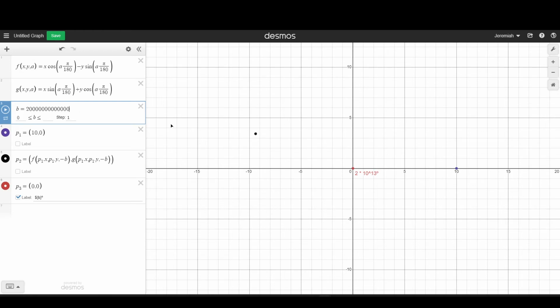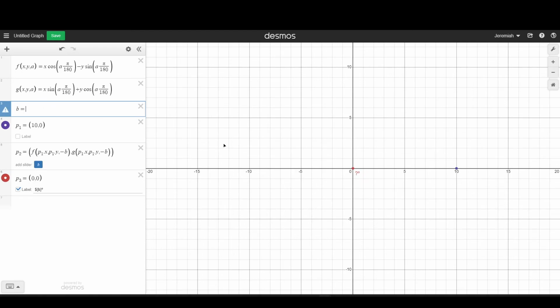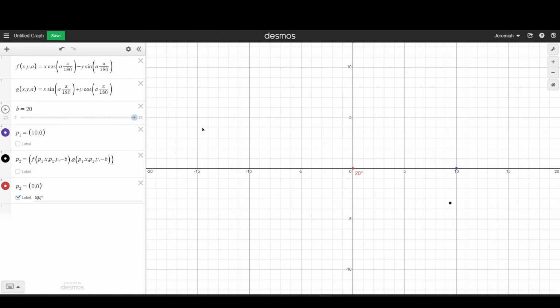Seems like around 15 zeros, that's like the boundary point for it, because it's not changing. Ah, crap, I just deleted it. But yeah.